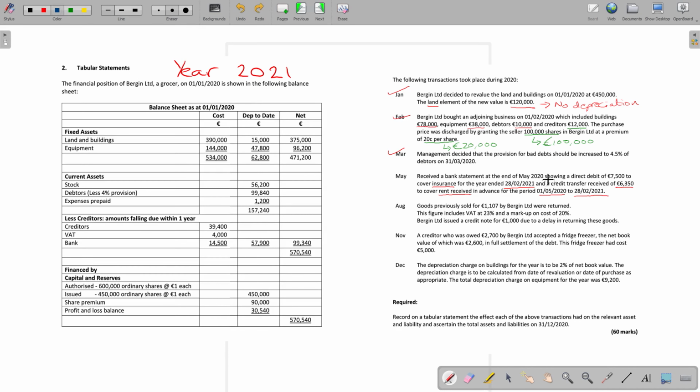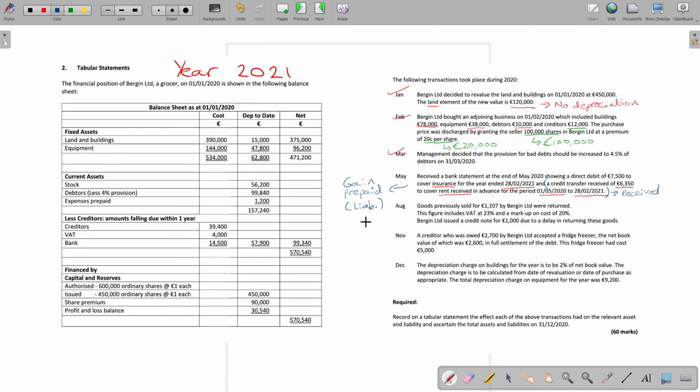We have this part here, a credit transfer. So if we received money, that's obviously going to be revenue in our P&L, but because it's paid in advance, that means it's a gain prepaid, then it's actually going to be a liability.